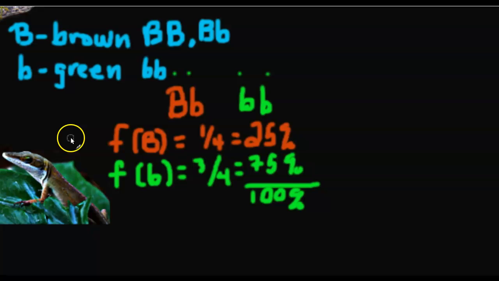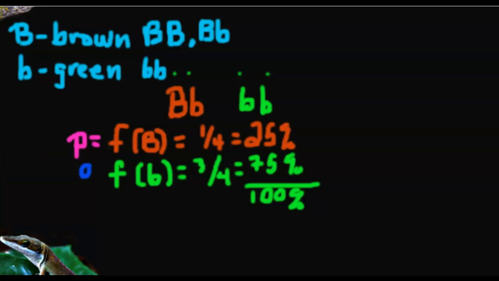And in the Hardy-Weinberg, they're just going to say that the frequency of the big B, the dominant allele, is P. And we're going to make the frequency of the recessive allele Q. So over here, when we added the frequencies of the dominant allele and the recessive allele, remember, assuming those are the only alleles that are present in the population, we got 100%.